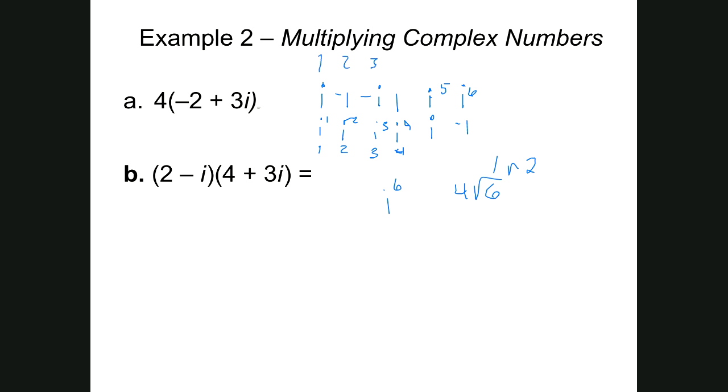So if I said, what is i to the 57th? I would just take 57, divide by 4. So 4 goes in there 4 times, so that's 16, but the remainder is 1. So I know i to the 57th is the same thing as i. Boom.